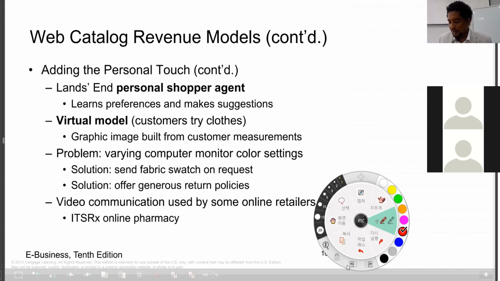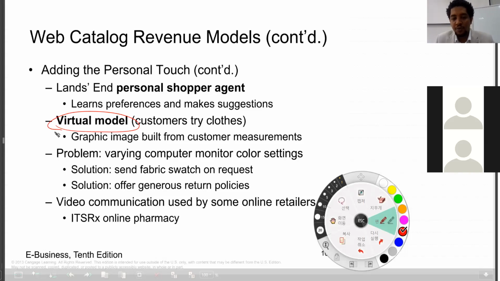And virtual models. Here, virtual model is now widely used. For example, I forgot the name of the company, but there is a company that sells sunglasses. To know that the sunglasses fit you, you have to try them on, right? But to try them on, you have to physically go to the store.